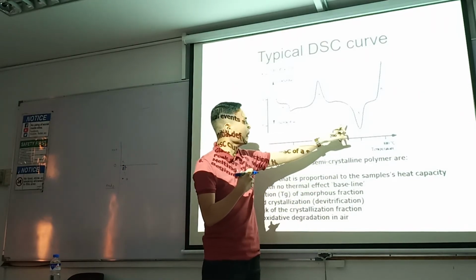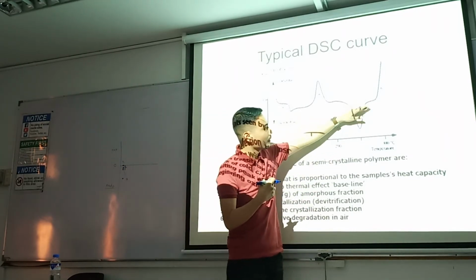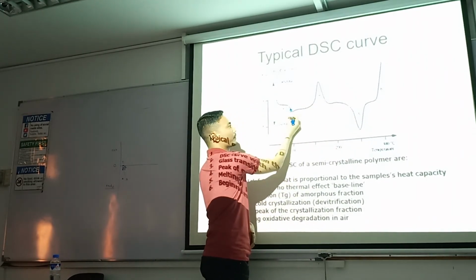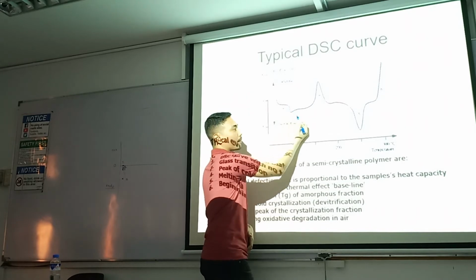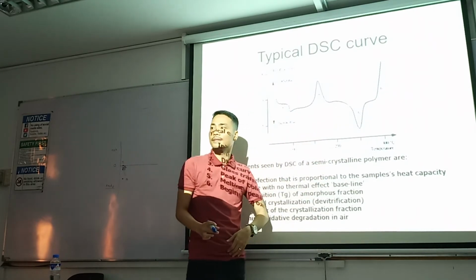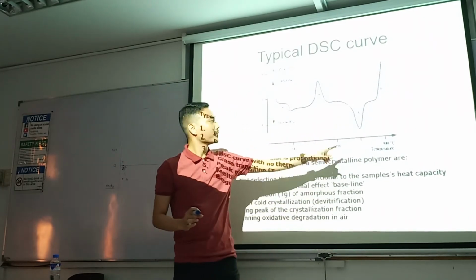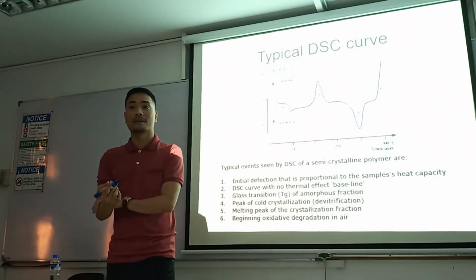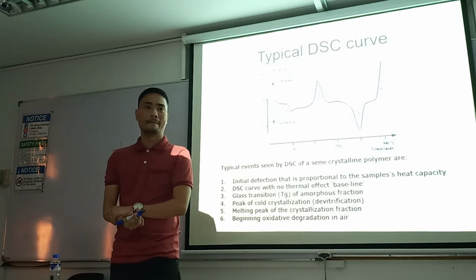Now, comparing the area, if you're going to get the area of the melting peak and the area of, for example, the Tg here, notice mas malaki yung area sa melting peak. Why is that?